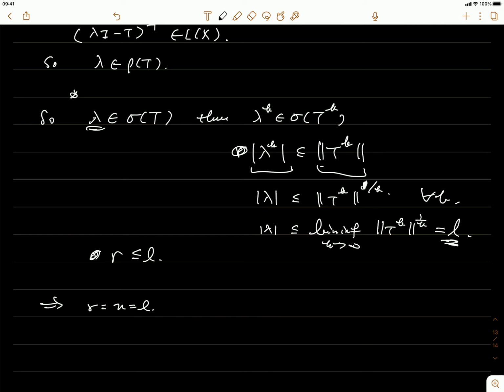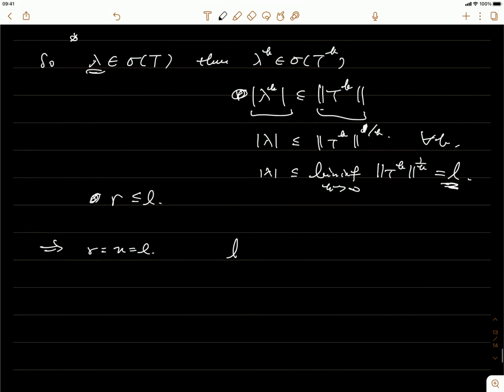The limit of this actually exists because the upper limit and lower limit are the same. At the same time, this spectral radius is equal to that. And that completes the proof of the Gelfand theorem.